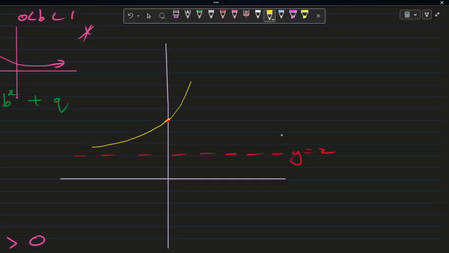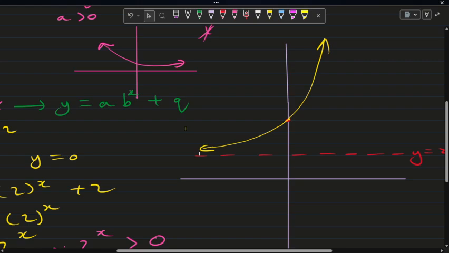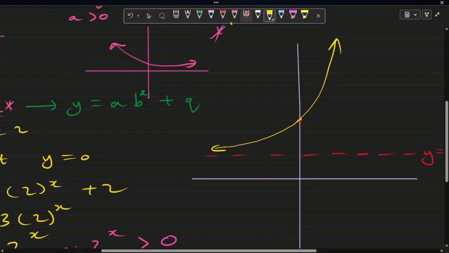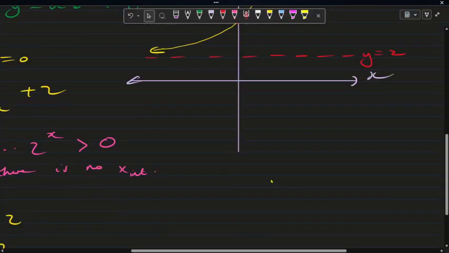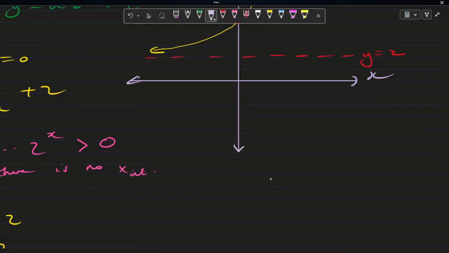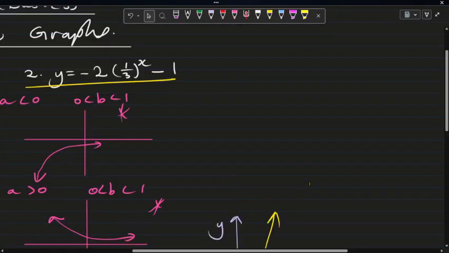So it will pass through this point, and then it will be something like this. So this will be our first graph. This is the y-axis, and then this is the x-axis.